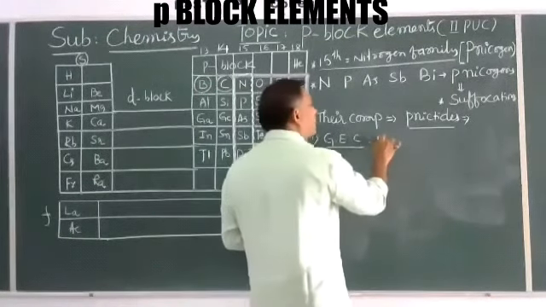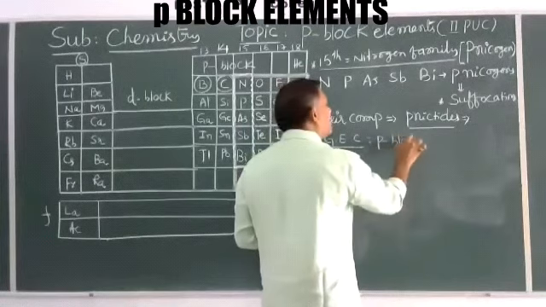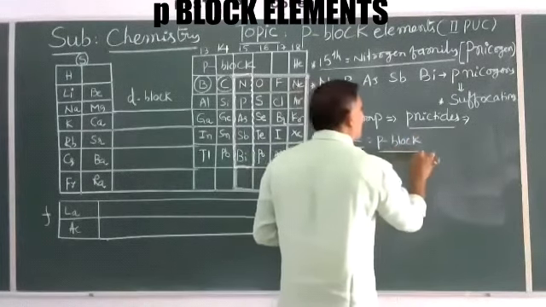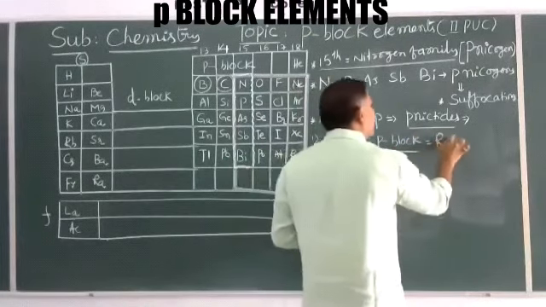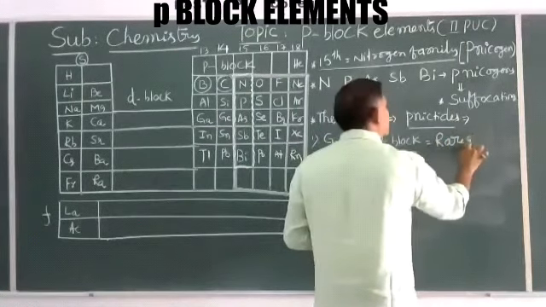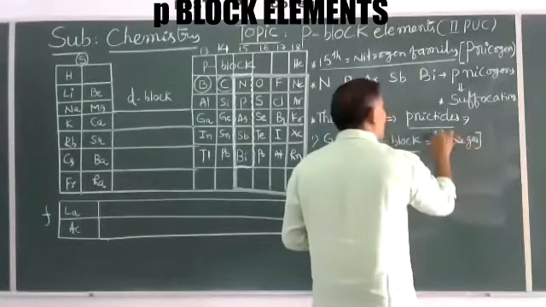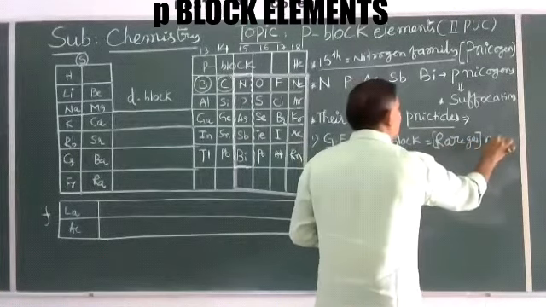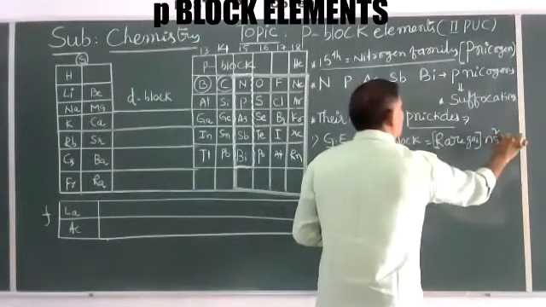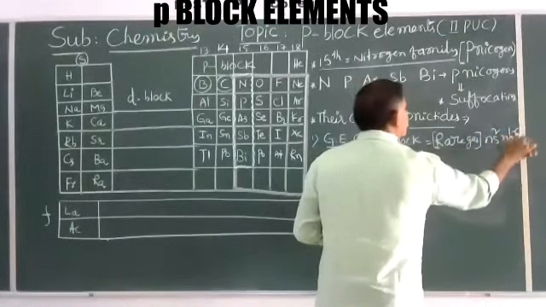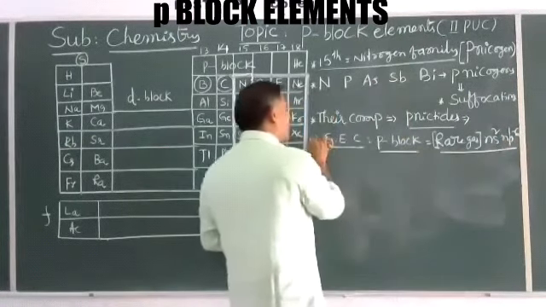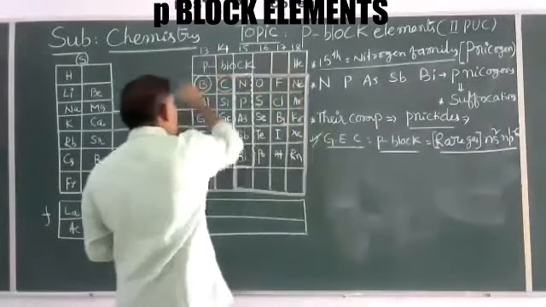For the complete P block, the general electronic configuration is rare gas or noble gas, inert gas, then ns2 and np1 to 6 is the general electronic configuration of the complete P block.